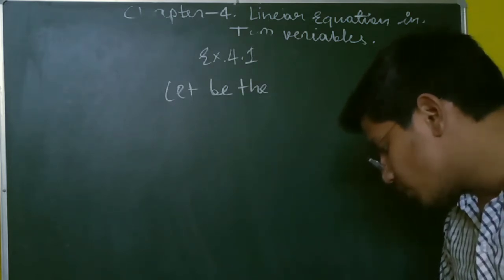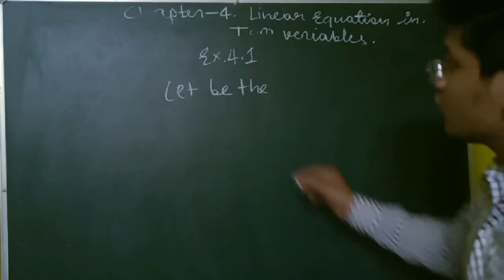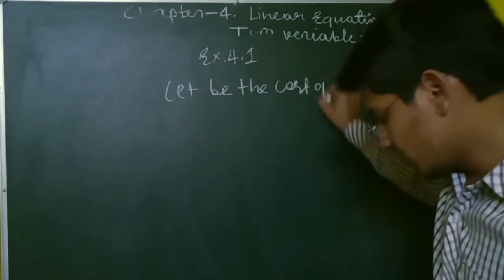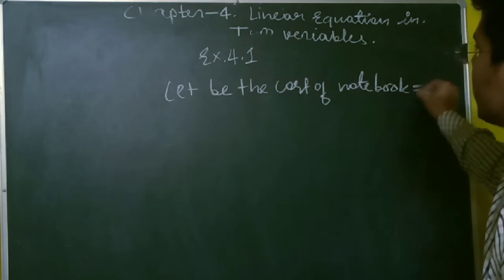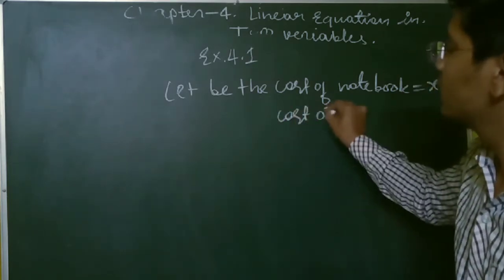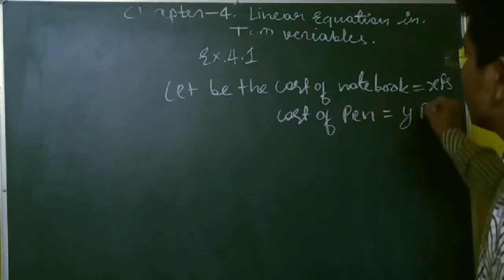Take the cost of notebook to be x rupees and cost of pen to be y rupees. So we are assuming that let the cost of notebook be x rupees and the cost of pen be y rupees.